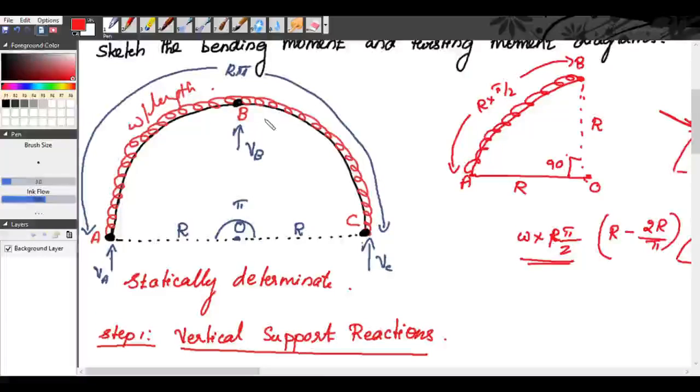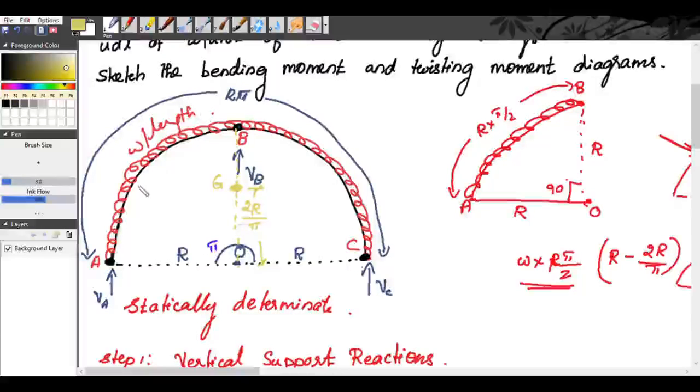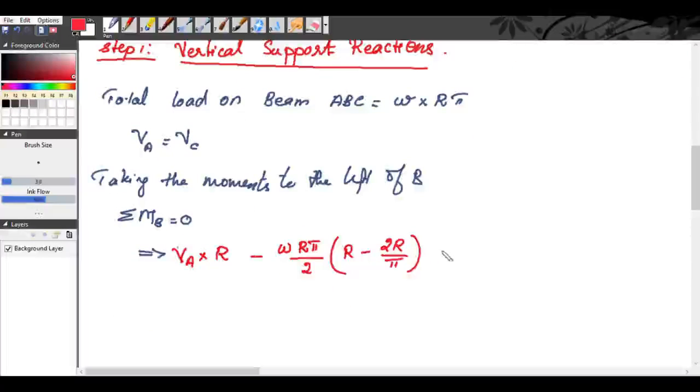So from here, this is the centroid G and this is 2R by pi. So this distance is R minus 2R by pi. So nothing else. This load is over, so it is equal to 0.